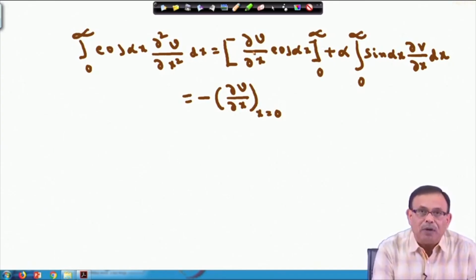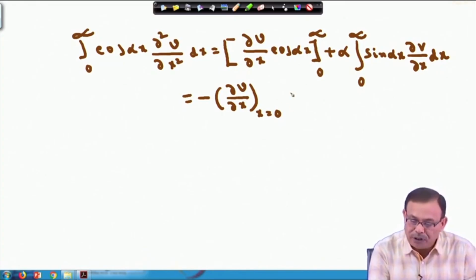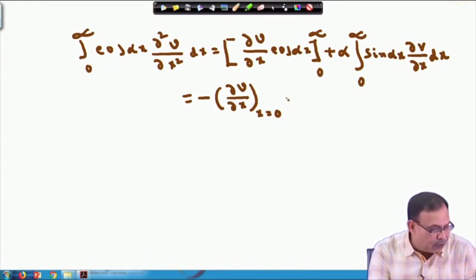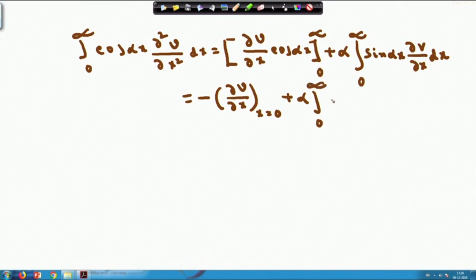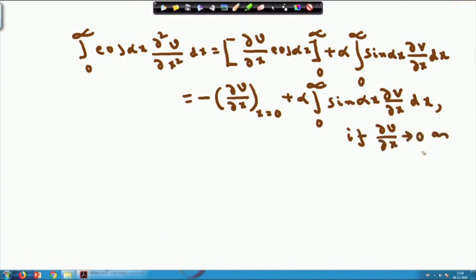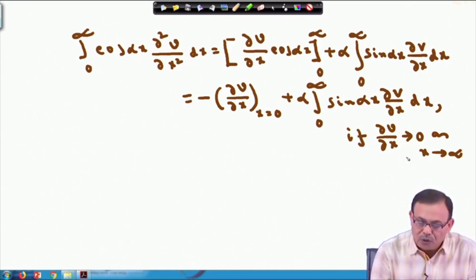Please note this one. Otherwise, for x approaching infinity, I cannot evaluate this value. So, I am assuming del v del x approaches 0 as x approaches infinity. So, that term will be 0 for x equals infinity, plus alpha into 0 to infinity sine of alpha x into del v del x dx. And here you are assuming that del v del x approaches 0 as x approaches infinity. So, this has to be known to us, otherwise I cannot use the Fourier cosine transform.